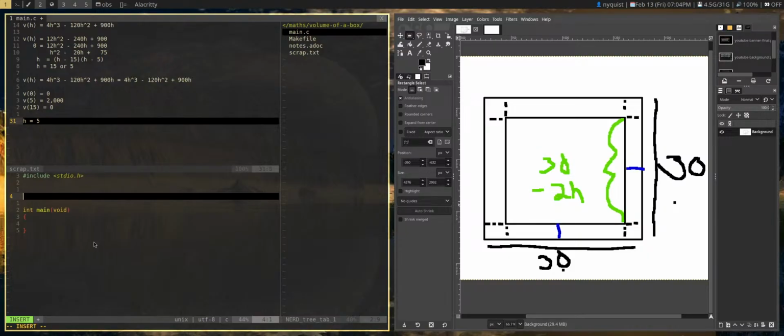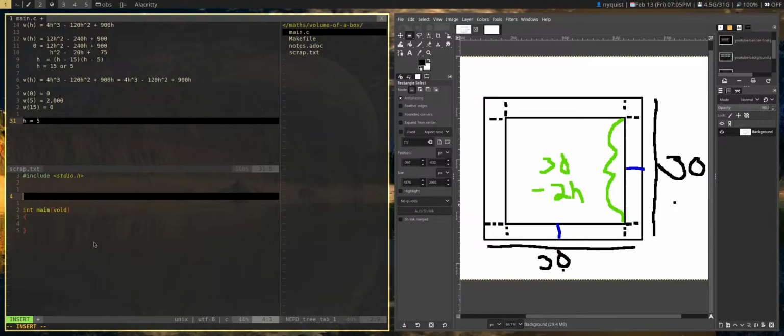That is a very good question. Well, we already know some things are always going to stay the same. That variable h can change. The 2 is going to stay the same, so that's always going to be 2. 30 and h are going to be our variables.